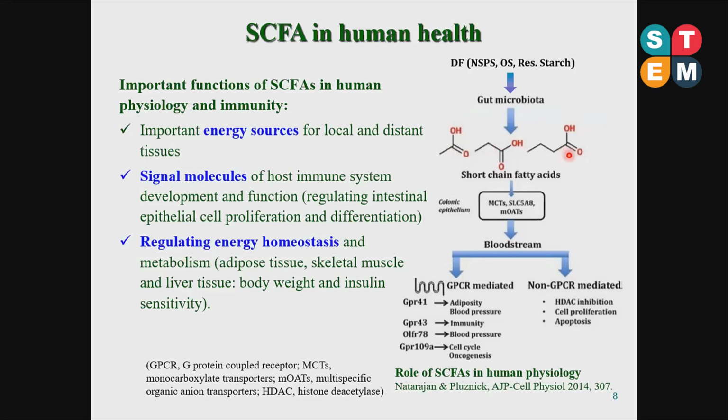These are the three major short-chain fatty acids, and they can get into the bloodstream and then interact with receptors, including G protein coupled receptors, resulting in various responses such as regulating blood pressure, immunity, the cell cycle, and other physiological processes inside the human body.